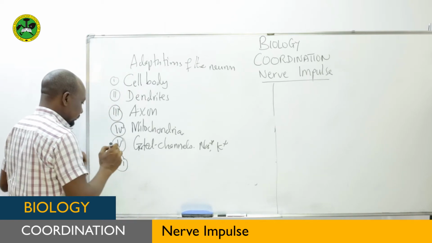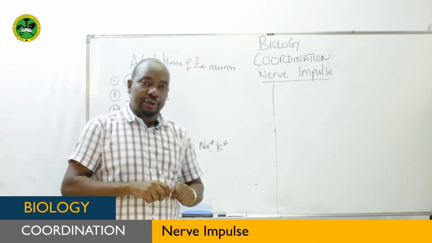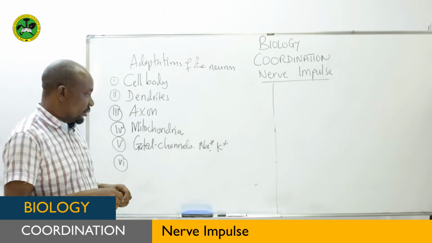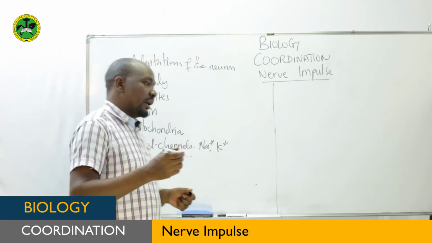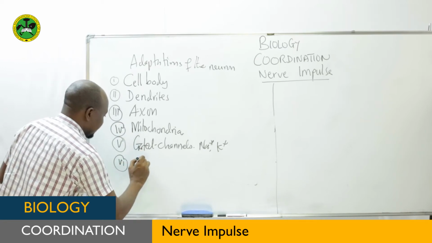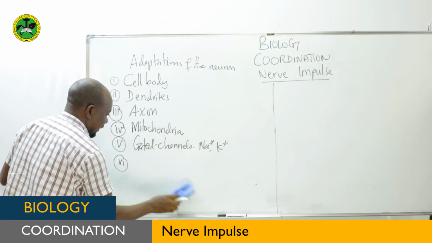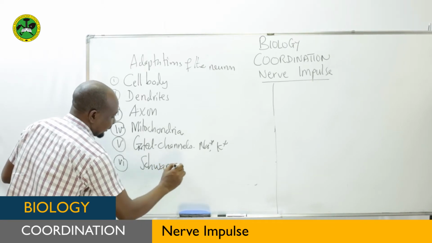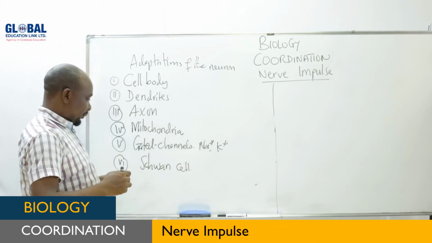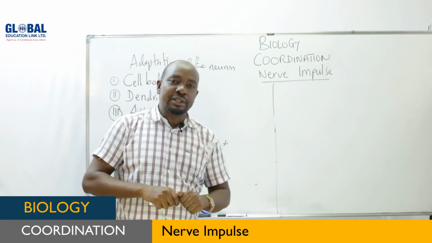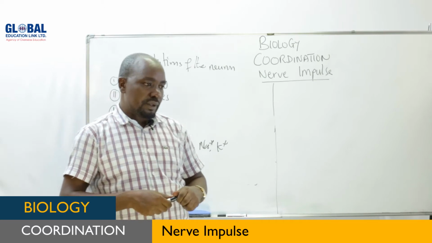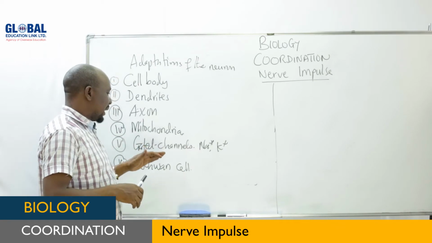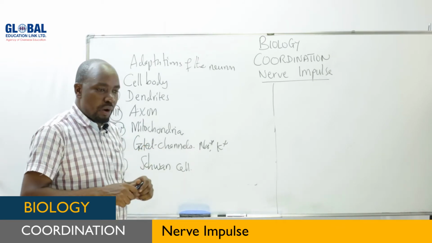Another thing, number 6, another feature which facilitates efficient function of the neuron is the presence of the Schwann cell. The Schwann cell is present in some neurons. Some neurons do not have it. Particularly the myelinated axon contains Schwann cells.